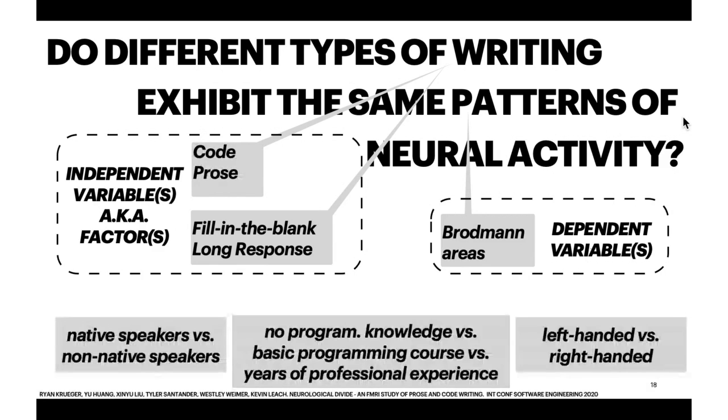We don't want those variables to affect our study. But at the same time, from the previous literature, we know that those variables can influence the patterns of neural activity.